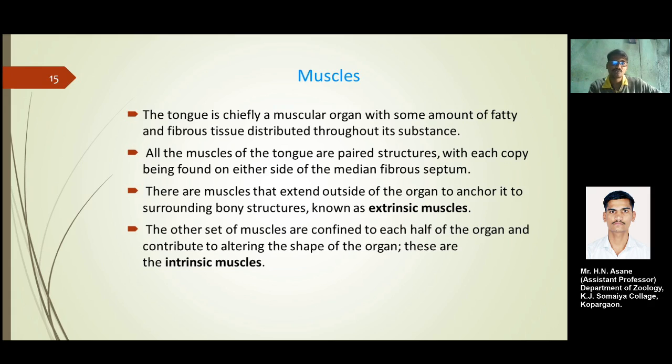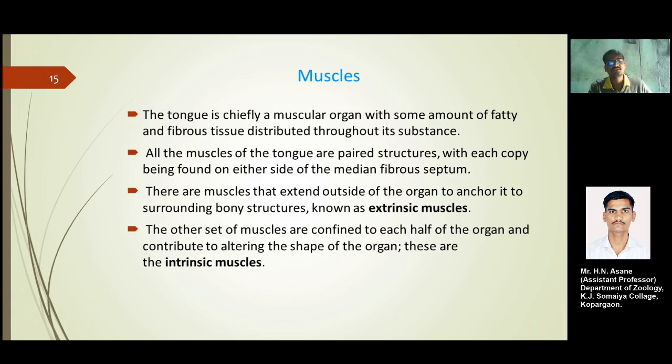Okay, so all the muscles of the tongue are paired structures, with each copy being found on either side of the median fibrous septum. Okay, so there are muscles that extend outside of the organ to anchor it to surrounding bony structures, known as extrinsic muscles.